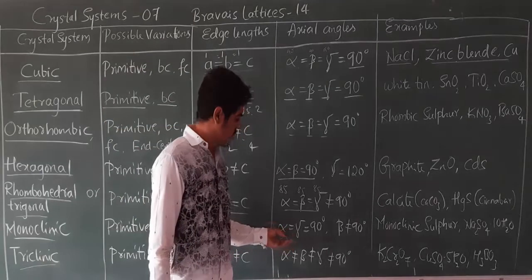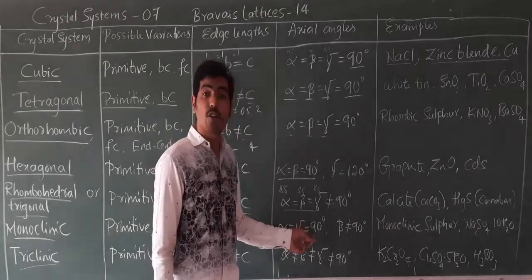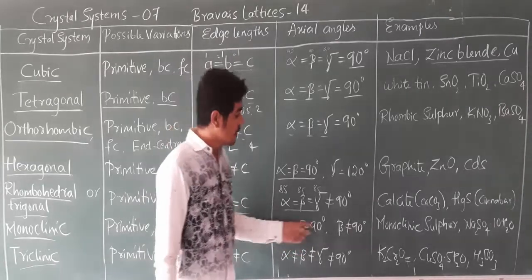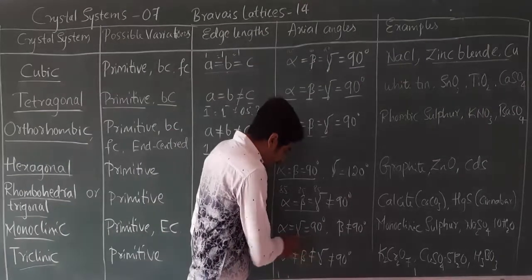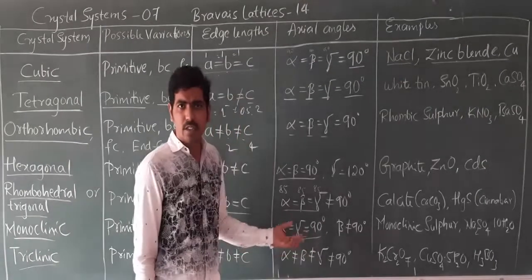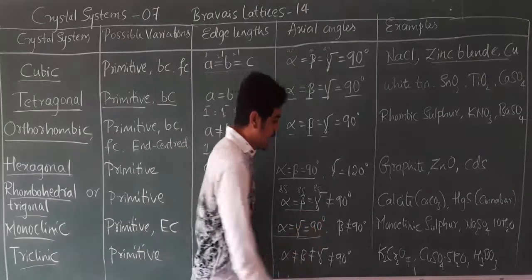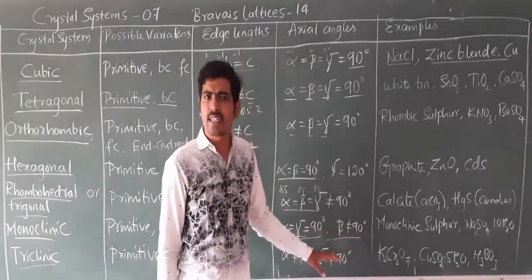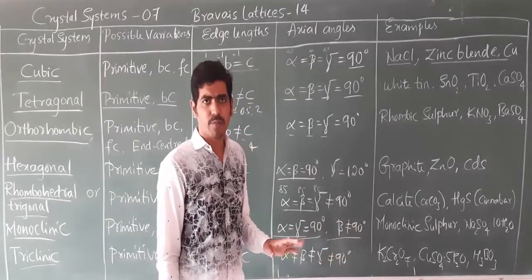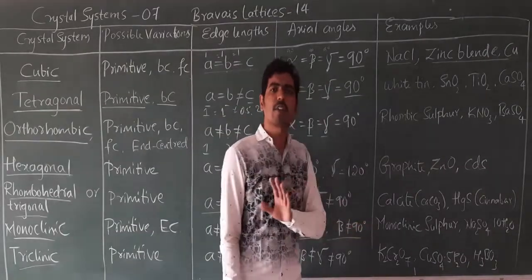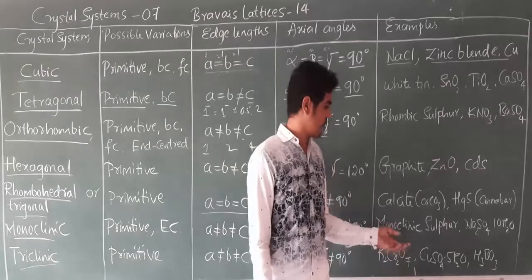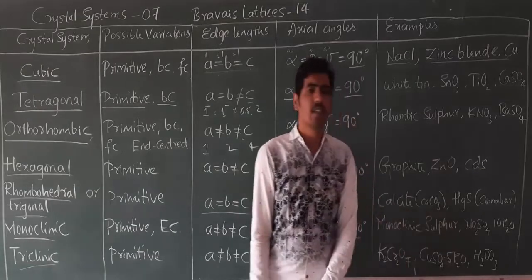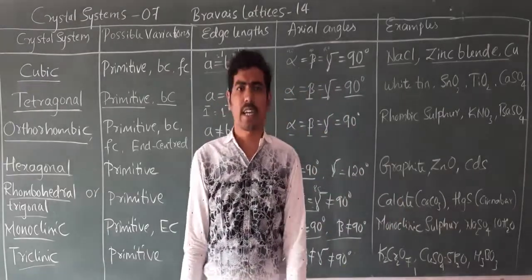And angles alpha and gamma are equal to 90 degrees, but beta is not equal to 90 degrees. These two angles have the same value, that is 90 degrees, but beta, other than 90 degrees, may have any value. Examples of monoclinic crystal systems are monoclinic sulfur, sodium sulfate decahydrate.